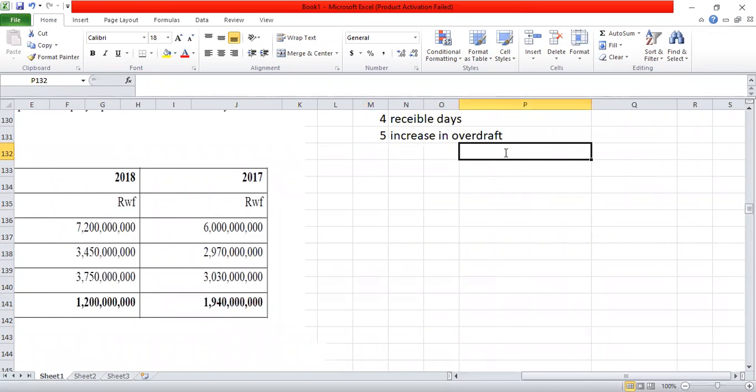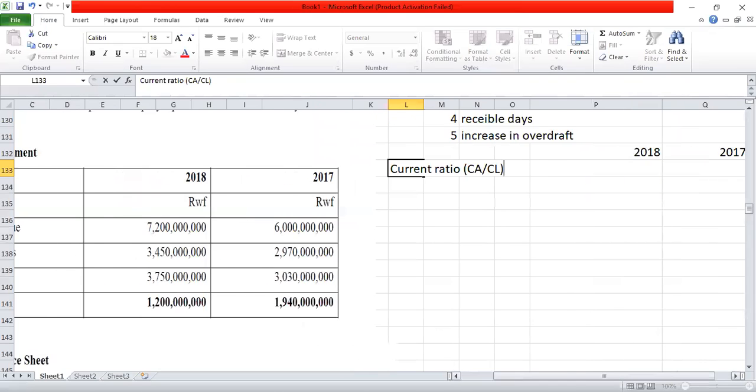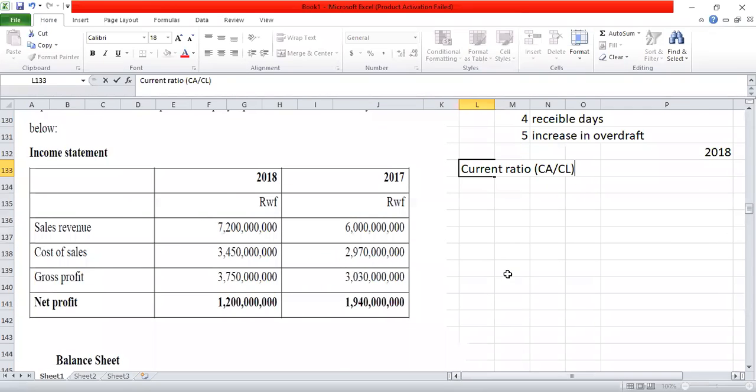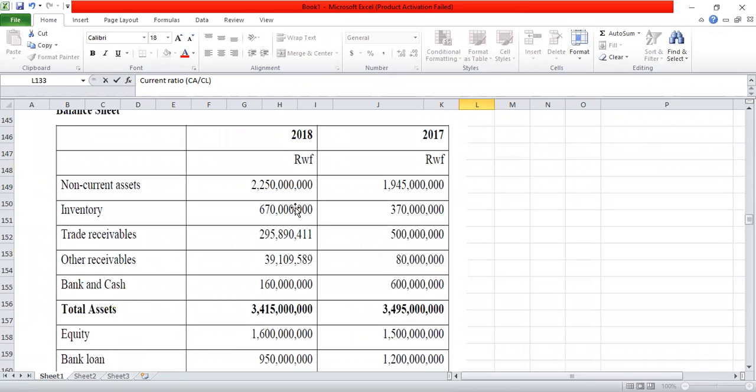This is 2018, this is 2017. The first one is our current ratio, which is current assets divided by the current liabilities.